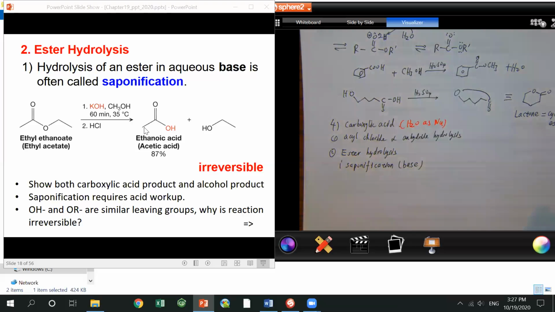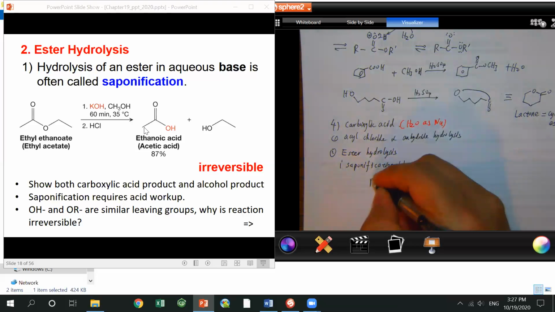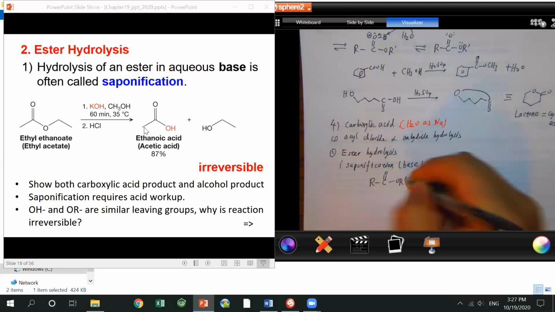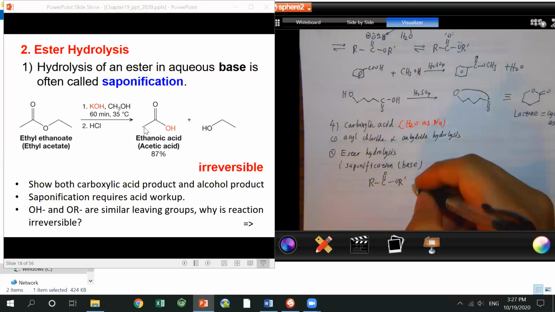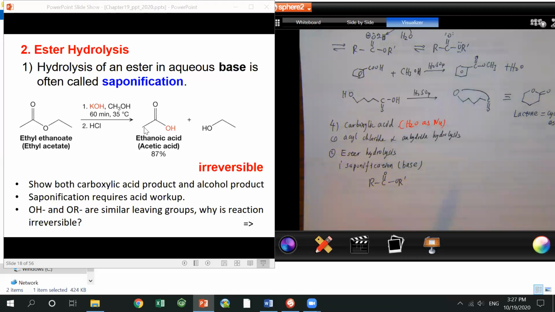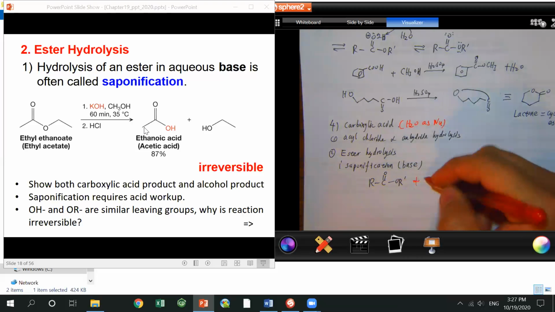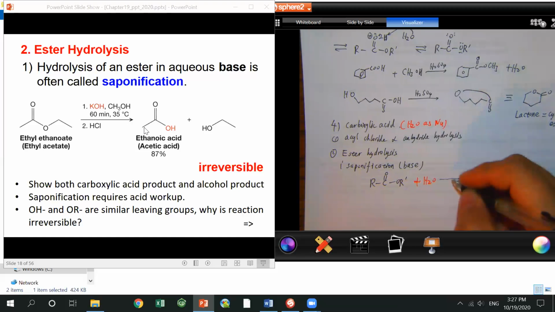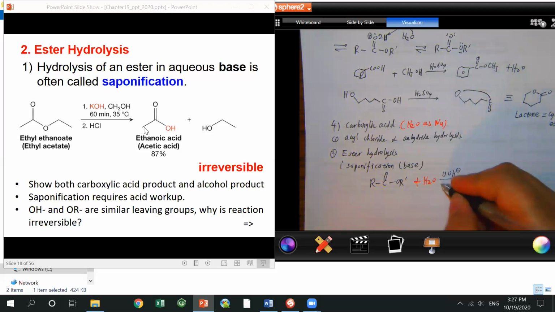The general reaction is shown here. You have some ester, and then react with water under very strong base conditions, normally OH minus. For this reaction, there are two steps: you have to do an acid work up later, once the reaction is done.